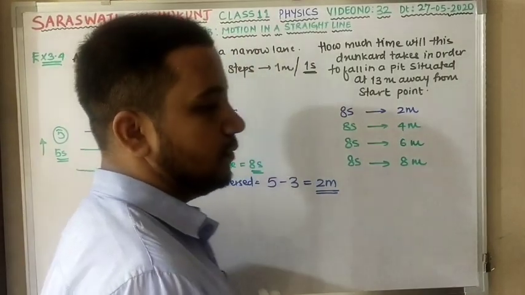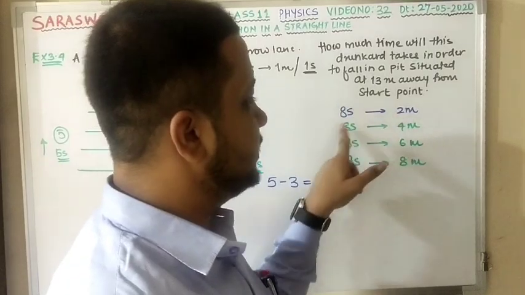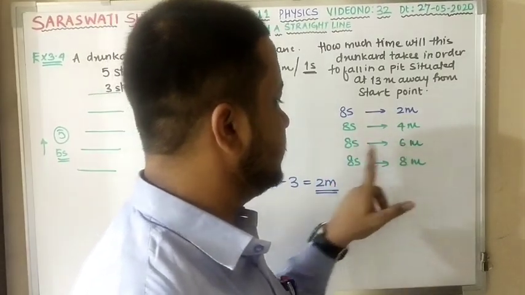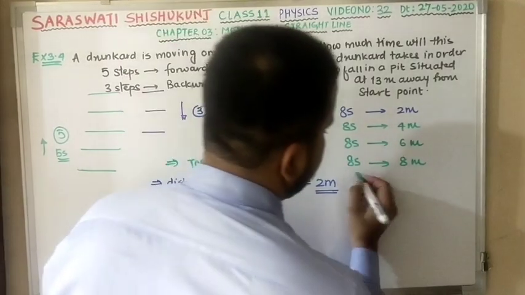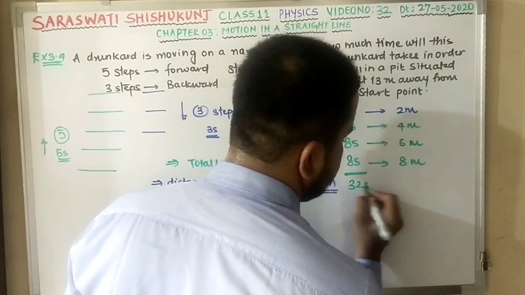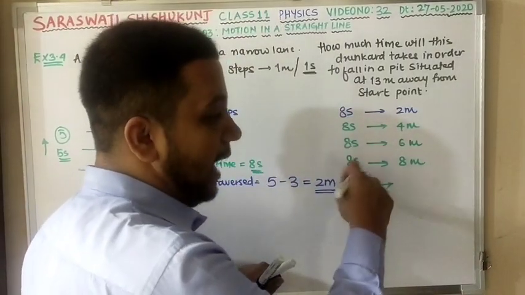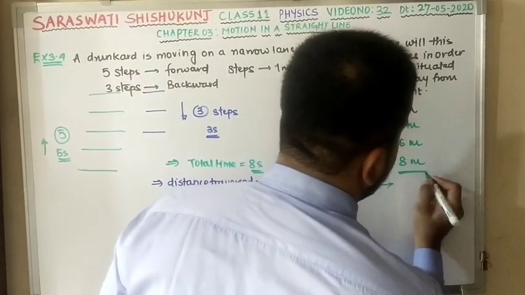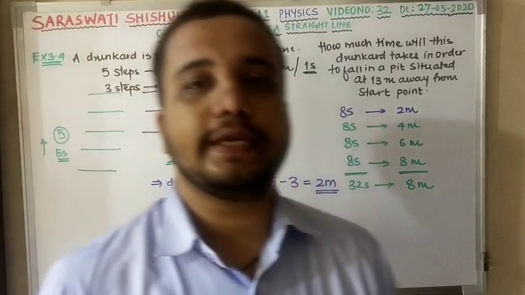Yes or no? First 8 seconds 2 meters, second 8 seconds 4 meters, third 8 seconds 6 meters, fourth 8 seconds 8 meters. Means 4 times 8, 32 seconds will be taken. 32 seconds will happen if you cover only 8 meters distance. 8 meters distance, 32 seconds.